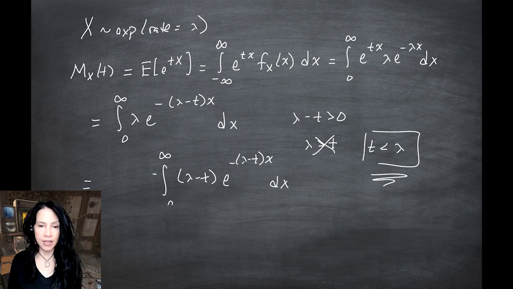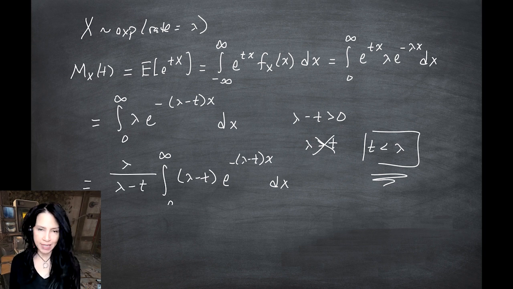And fortunately, lambda minus t is positive because that is a requirement for the exponential parameter. But that's not what I have in the line above. I forgot my lambda, so let me put that in. And I also put in this extra lambda minus t, so let me compensate and put that on the bottom. And now it is the line above.